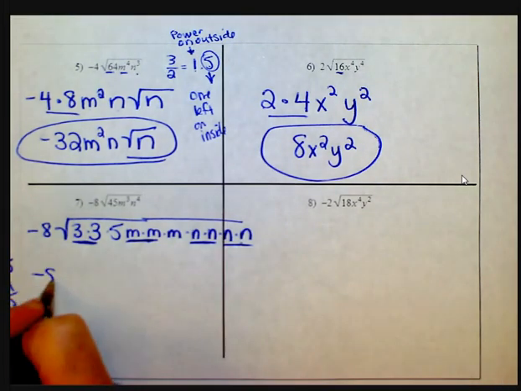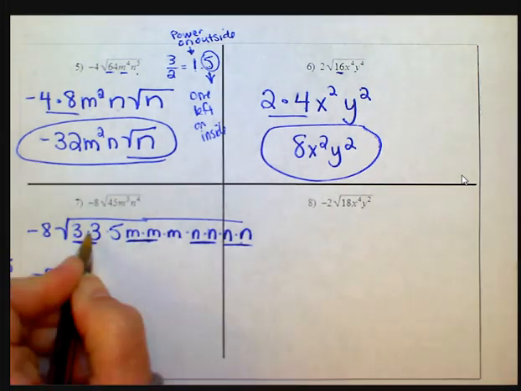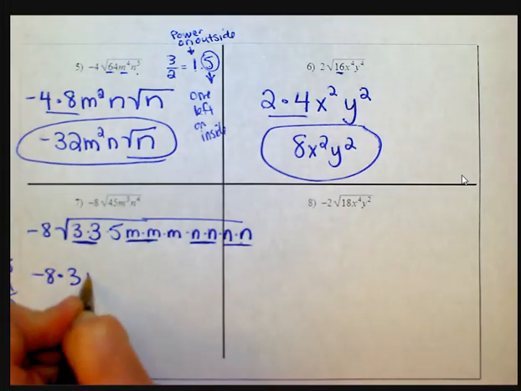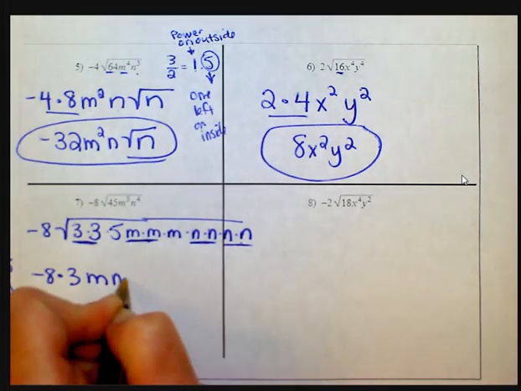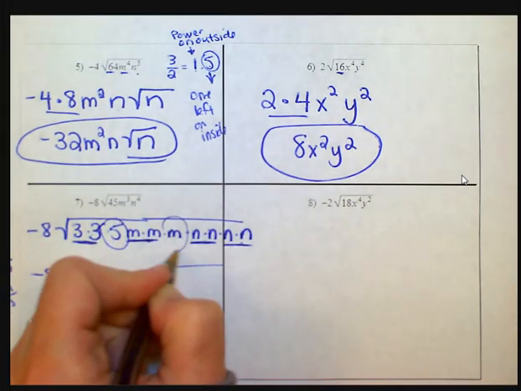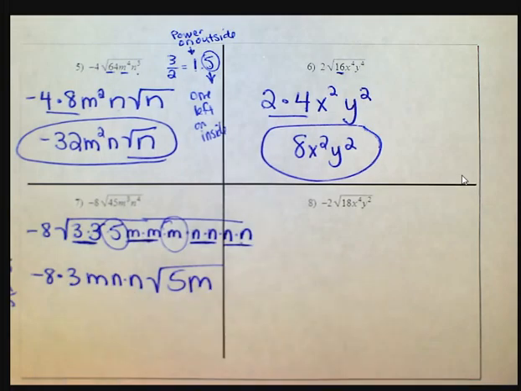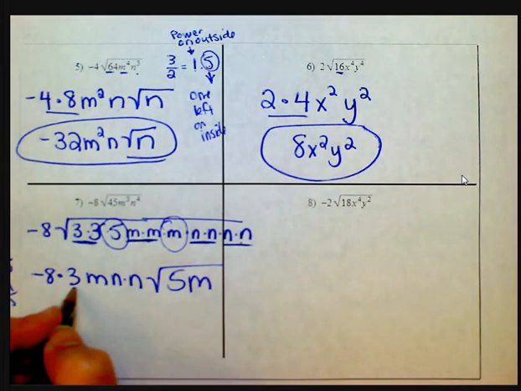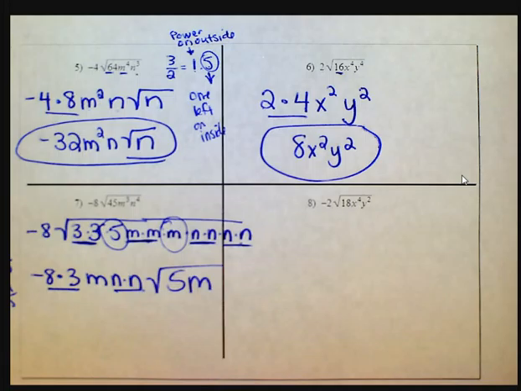So I have the negative 8 from the coefficient at the beginning of the problem. 3, m, n times n. Under the square root, I'm left with a 5 and an m underneath that don't have partners. So now I'm going to simplify negative 8 times 3 and n times n.